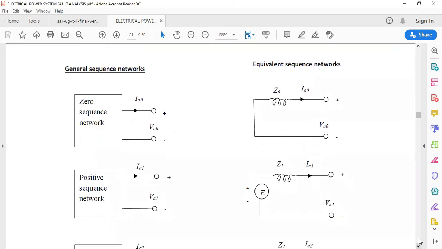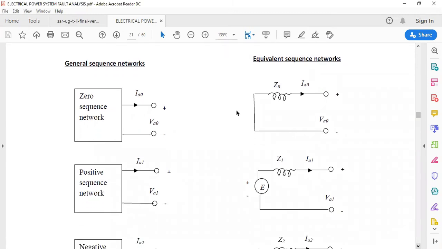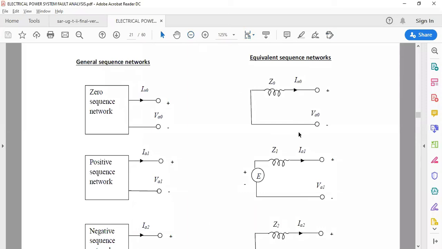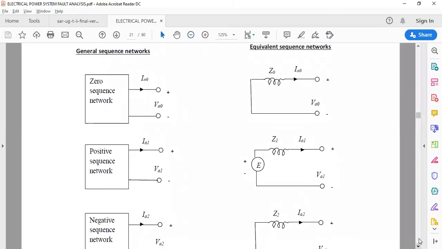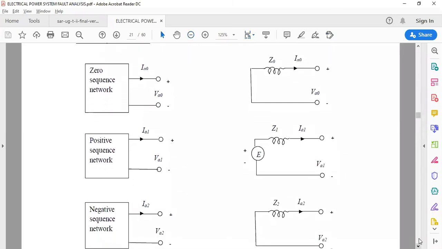For the fault analysis, the circuits which are taken into consideration are obviously the positive sequence network, negative sequence network, and zero sequence network. The zero sequence network contains zero sequence impedance Z0, zero sequence current, as well as zero sequence voltage.